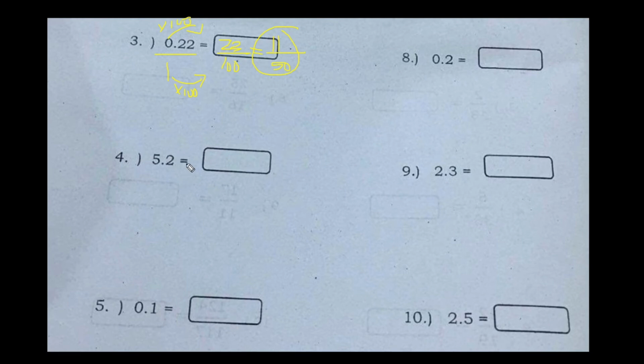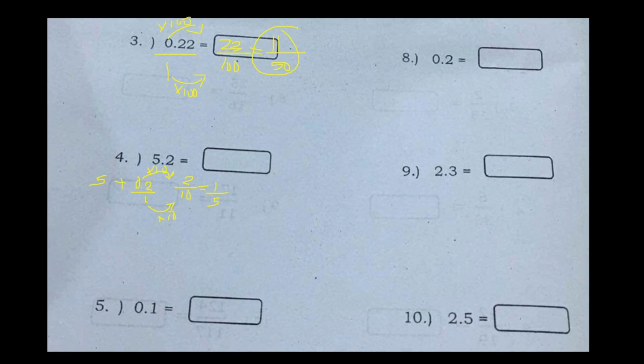So that will be 5, and then plus 0.2 over 1 multiplied by 10. 1 multiplied by 10 will give you a 2 over 10, which is also equals to a 1 over 5, right?